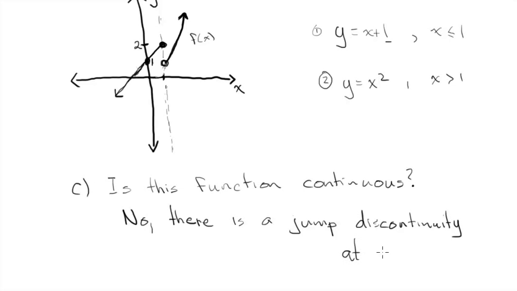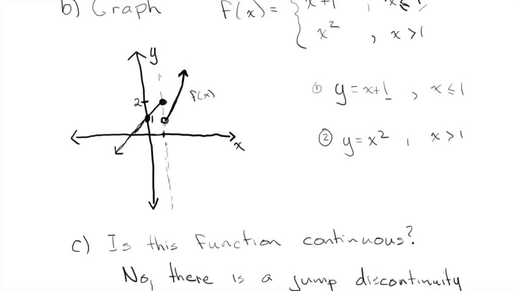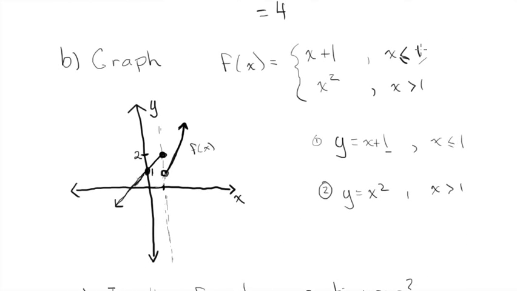At x equals 1, you're going along a nice continuous function, and then you jump down to this other piece, and then it goes on continuous. But you had to jump from one piece to the other. So this is an example of a jump discontinuity. These jump discontinuities are going to come up in piecewise functions sometimes, always at the boundary point where you switch from one function to the other, and when these two pieces don't meet up.